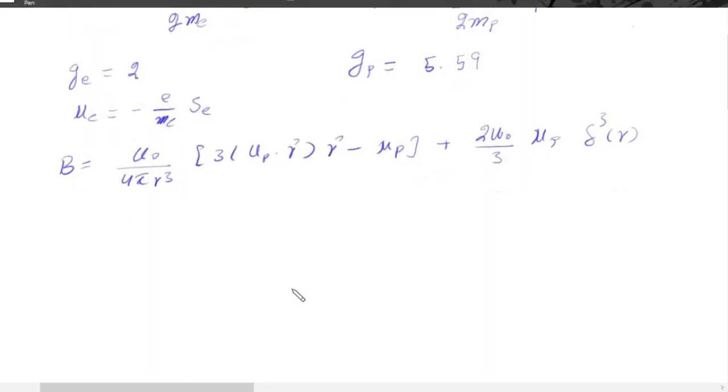Now the Hamiltonian of the electron in the proton's magnetic field is called the hyperfine interaction, which is given by H_hf = -mu_e · B_p. This is the magnetic field of the proton and this is the magnetic dipole of the electron.